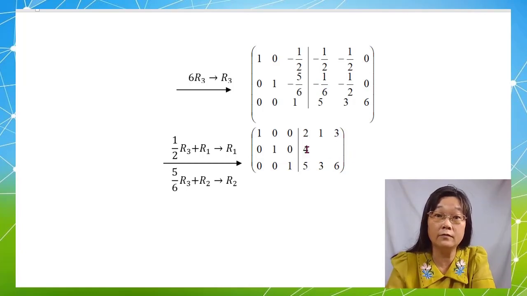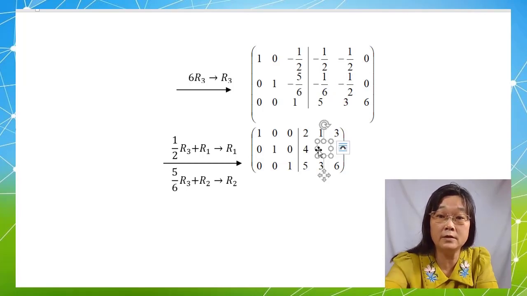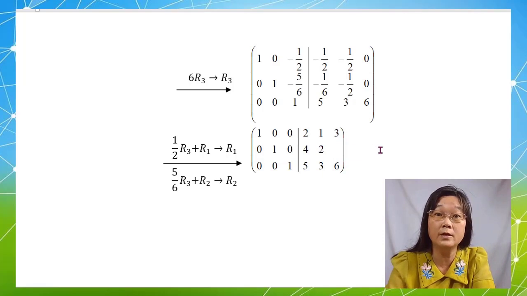Now it is equal to 4. Then the fifth number in row 3 is 3. 3 times 5 over 6, it is 5 over 2. Then 5 over 2, add in negative 1 over 2, it is equal to 2.